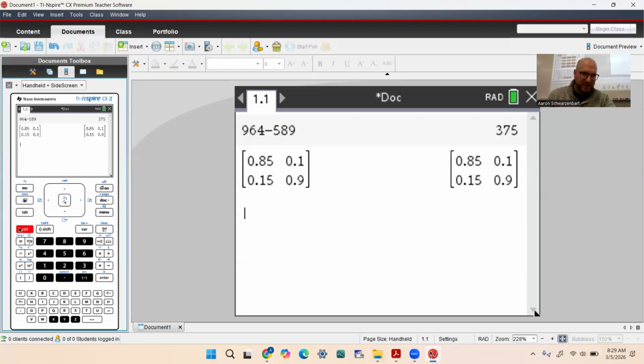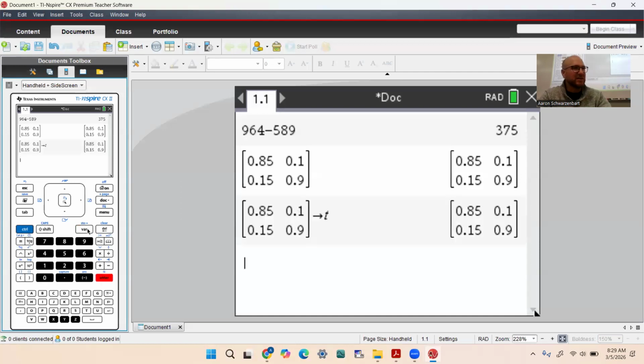And I'm going to store this as T. I think I showed you guys that yesterday, right? Store it, don't re-enter it, don't have to copy and paste all the time. Just store it, use the variable. Second, the button above 9 or control, that's the store button, and then just hit a T and enter.